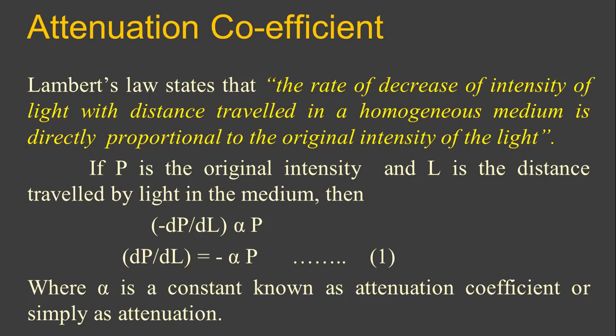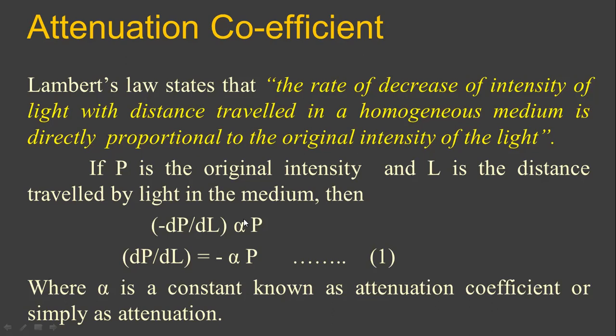So if P is the original intensity and capital L is the distance traveled by the light in the medium, then minus dP by dL is proportional to P, the original intensity of the light. And this is minus dP by dL because the intensity of the light is going to decrease with its propagation through the cable.